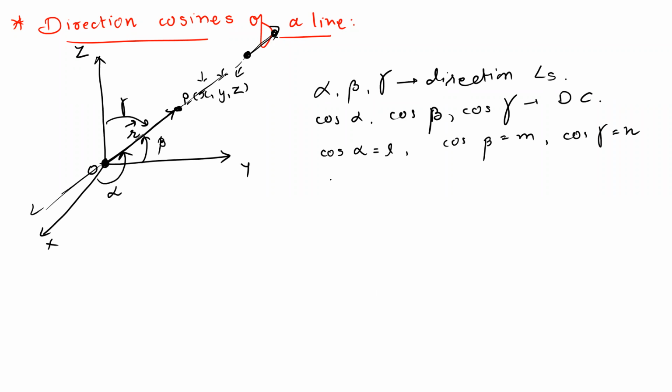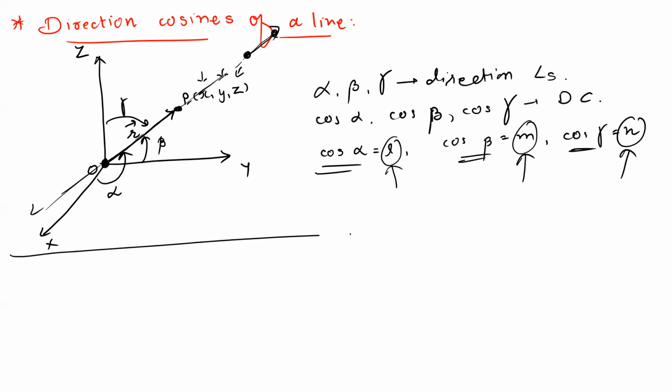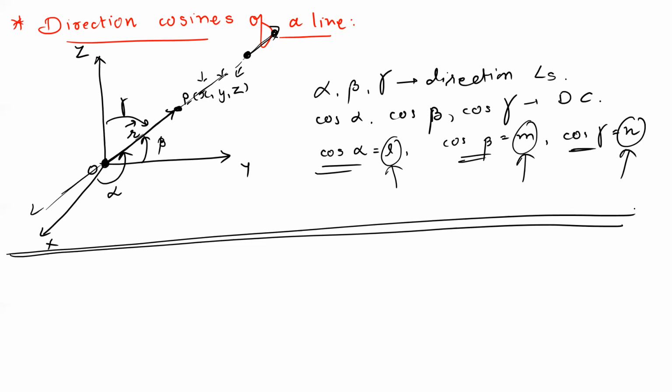So this l, m, and n are the direction cosines for this position vector OP. This much we had learned. Let's now go forward. You are not required to write anything here. This was a revision part; we need to understand alpha, beta, and gamma and all these things. Now we are starting.